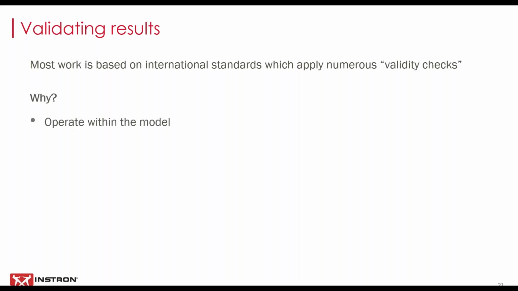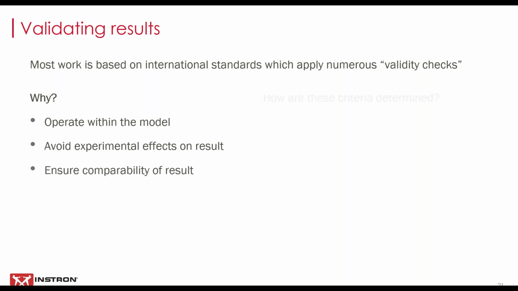Why? Well, firstly, we want to operate within the model. We want to operate within the region where the equations are proven to work. We want to avoid experimental effects on the result. And we want to ensure it's comparable with what someone else in another lab does, or with what you did on the last batch of material.